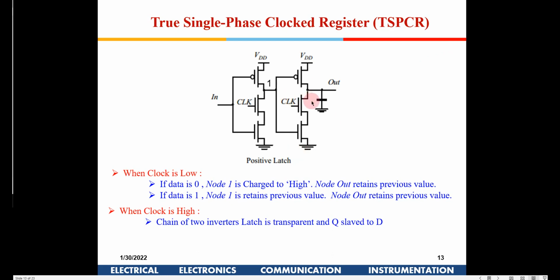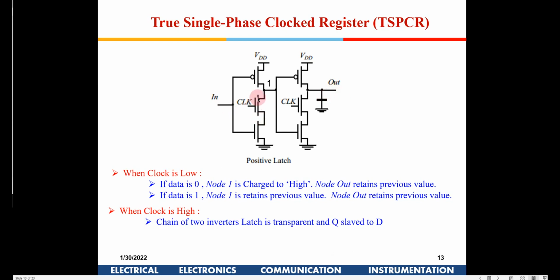Just going before the break, we were discussing how a true phase clock register looks like. This is not a register, this is just a latch out here. Basically, when the clock is high, there are back to back inverters. So whatever data is fed in when the clock is high will be available at the output.